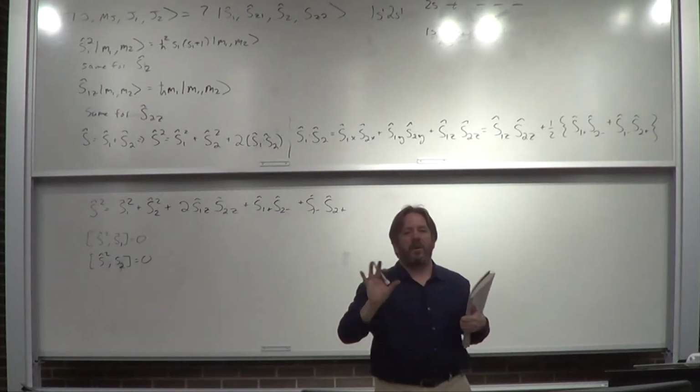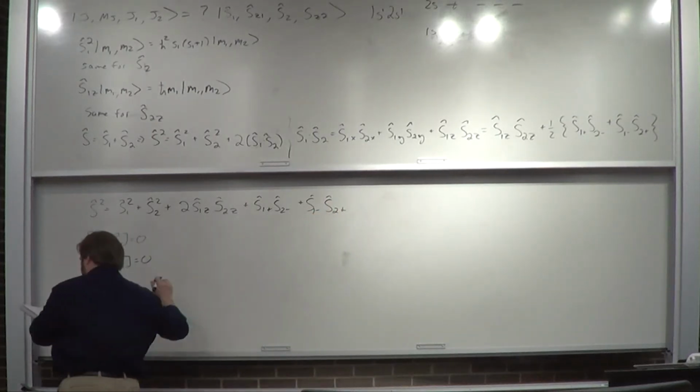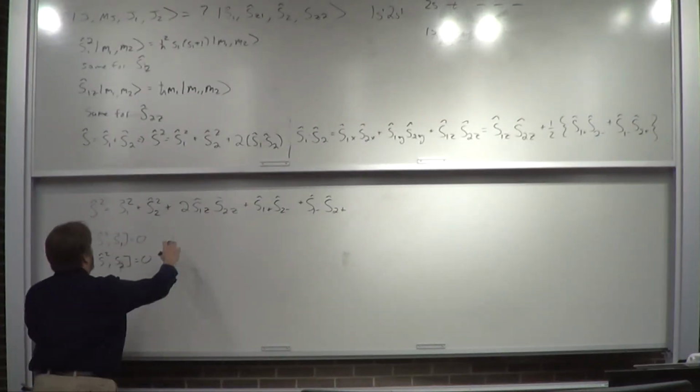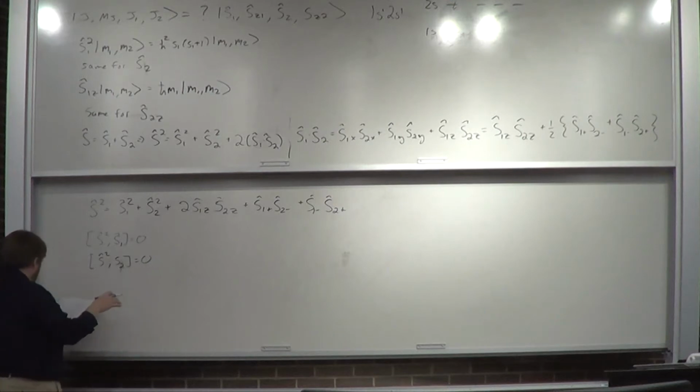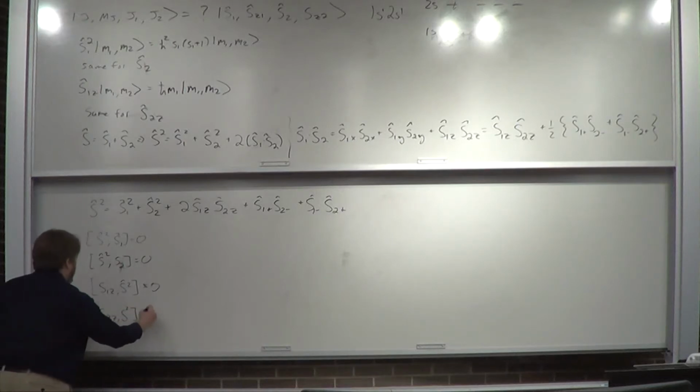One of the reasons you got to get rid of the z's is because of that. I'm sorry, x's and y's. Now here's the problem. S1z and S squared, sorry I didn't do this in order, is not 0, and S2z and S squared is not 0.